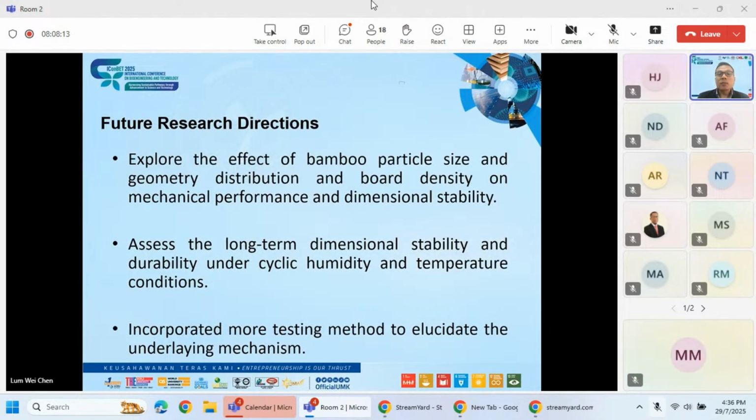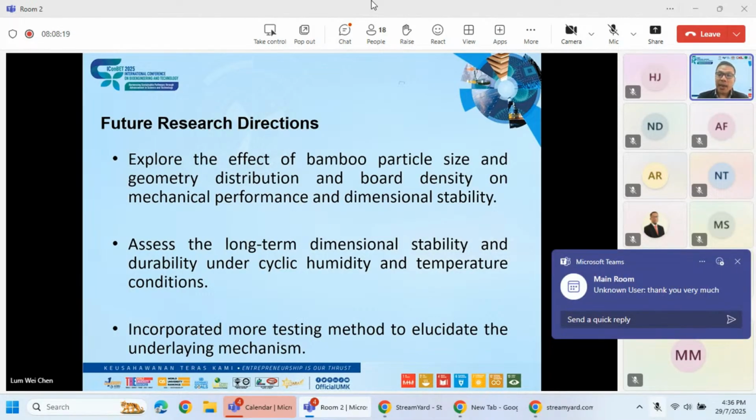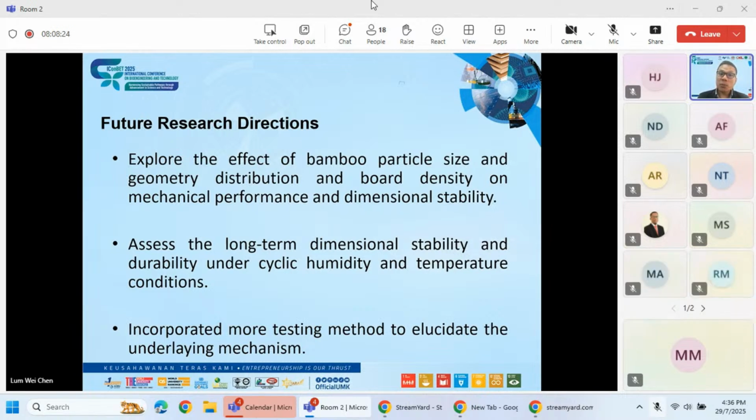All right, so next, these are the future research directions for this study. For future research, we can explore the effect of bamboo particle size and geometry distributions and the board density on the mechanical properties and dimensional stability of the particle boards.